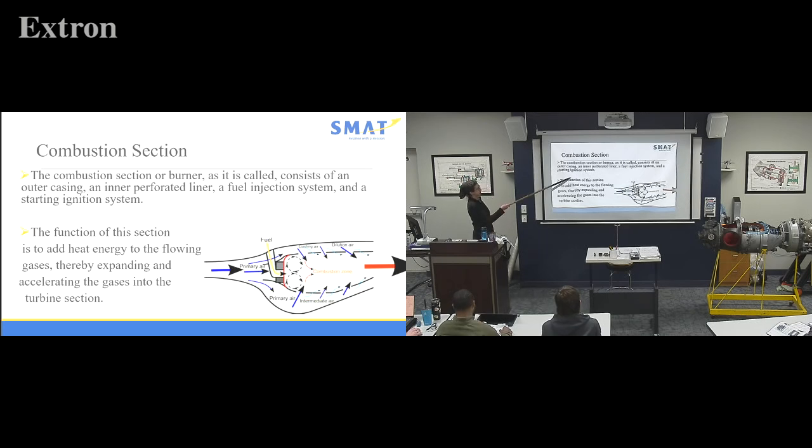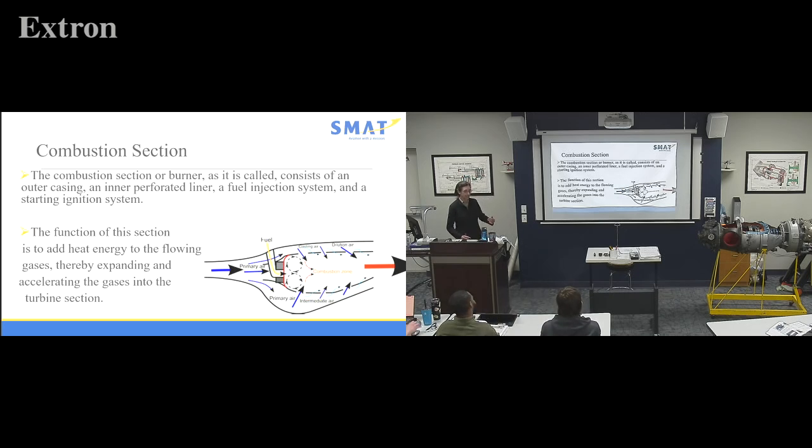And remember, this is something very important to know. You will be asked again, possibly in a situation where you're not allowed to have any resources, except your brain is a valuable resource. The function of the combustion section is to add heat energy to the flowing gases, thereby expanding and accelerating the gases into the turbine section.